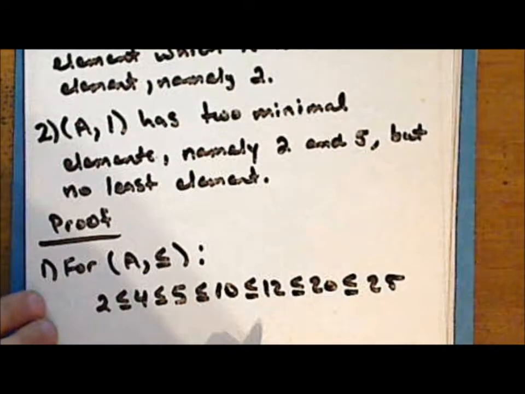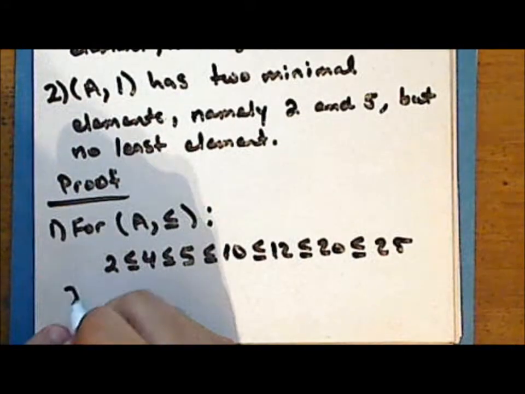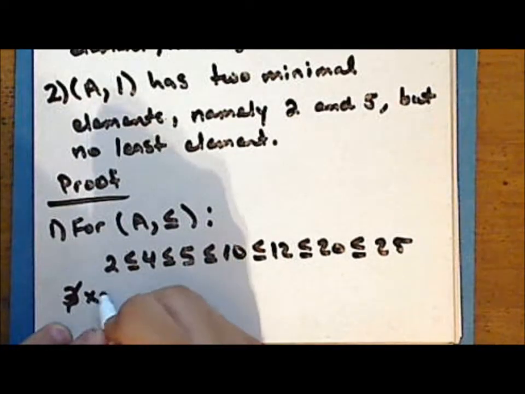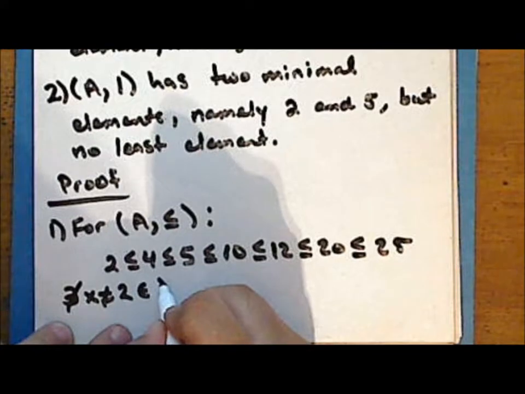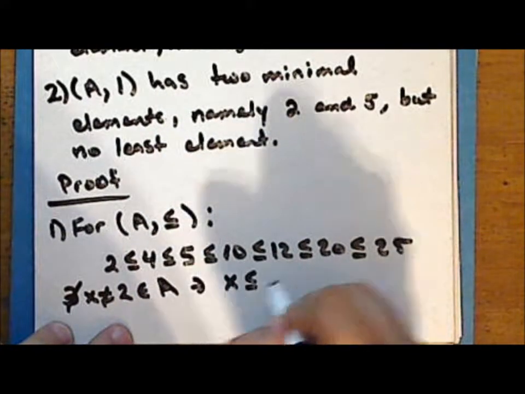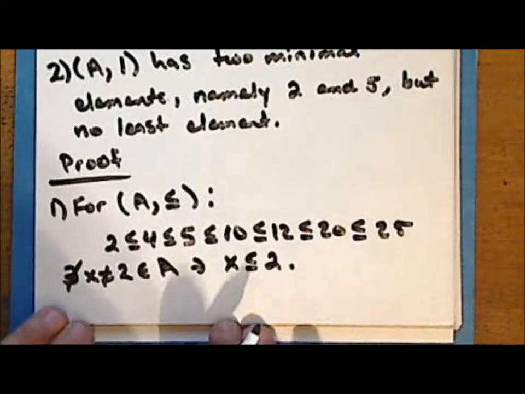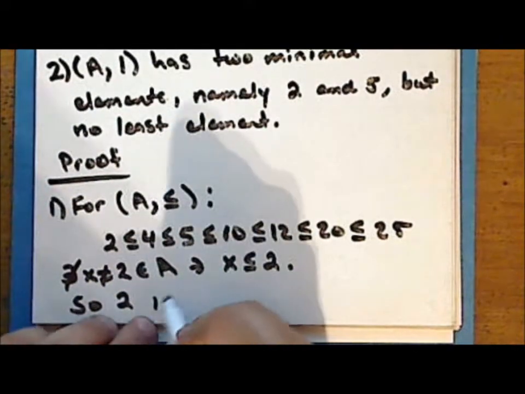So here we have one long chain. So notice that there does not exist an element X which is distinct from the number 2 in the set A such that X is less than or equal to 2. And so the number 2 is a minimal element.